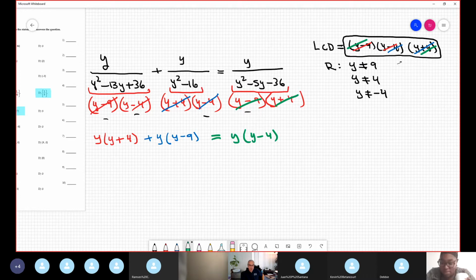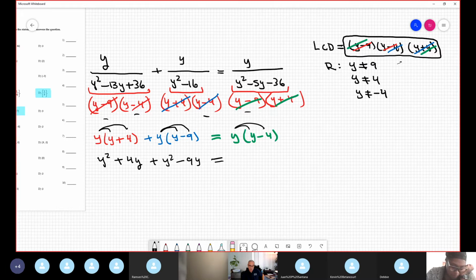Okay, now remove the parentheses. Y squared plus 4y plus y squared minus 9y equals y squared minus 4y. They look like a quadratic equation. When you see exponent 2, it is a quadratic equation.